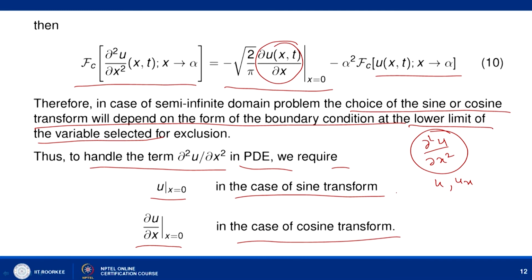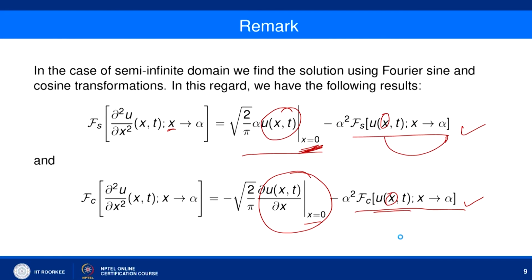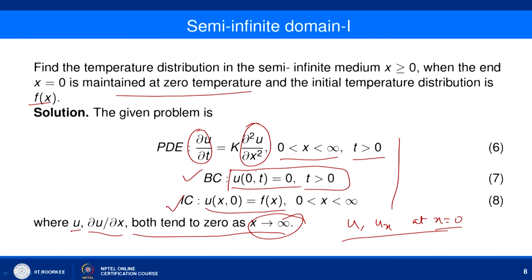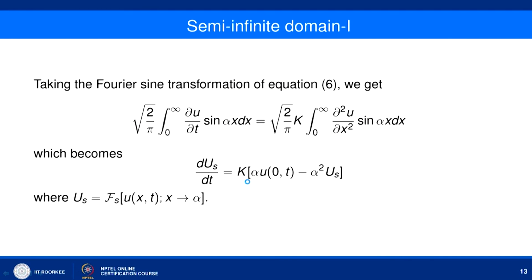So using this observation in our problem we will apply the Fourier sine transform, because the boundary condition is given in terms of u at x equal to 0. So taking the Fourier sine transform of equation 6, we get under root 2 by pi, integral from 0 to infinity of ∂u/∂t sin(αx) dx, equal to root 2 upon pi, k times integral from 0 to infinity of ∂²u/∂x² sin(αx) dx.